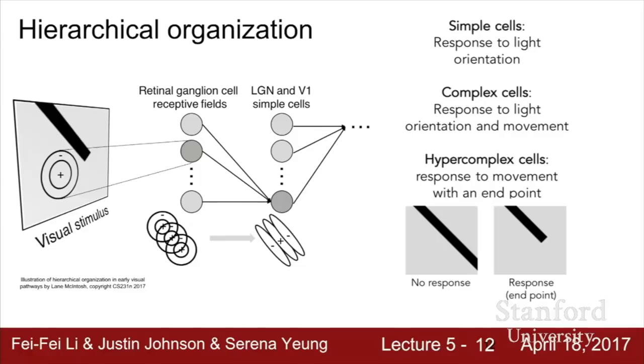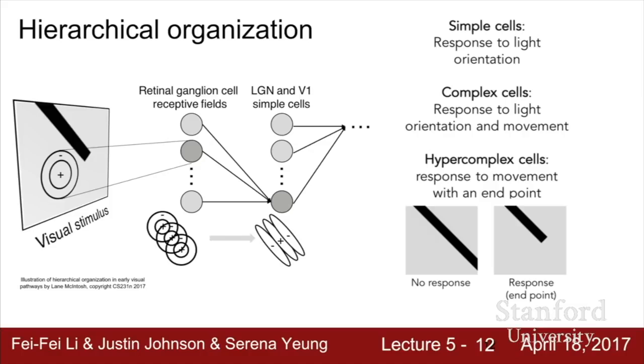And so they also discovered that these neurons had a hierarchical organization. If we look at different types of visual stimuli, they were able to find that at the earliest layers, retinal ganglion cells were responsive to things that looked kind of like circular regions of spots. And then on top of that, there are simple cells. And these simple cells are responsive to oriented edges, so different orientations of the light stimulus.